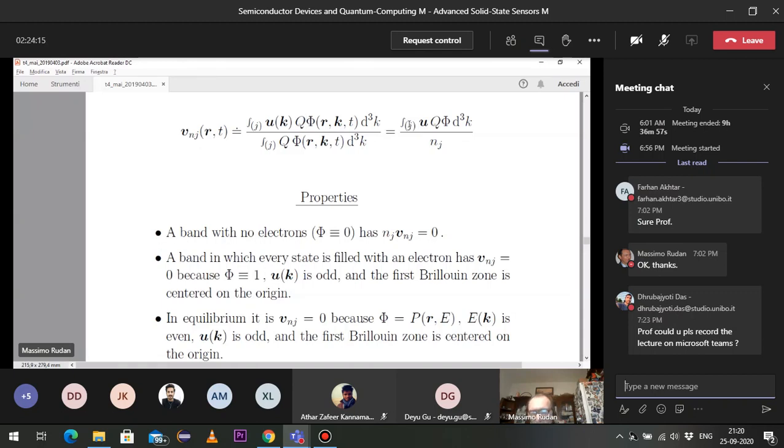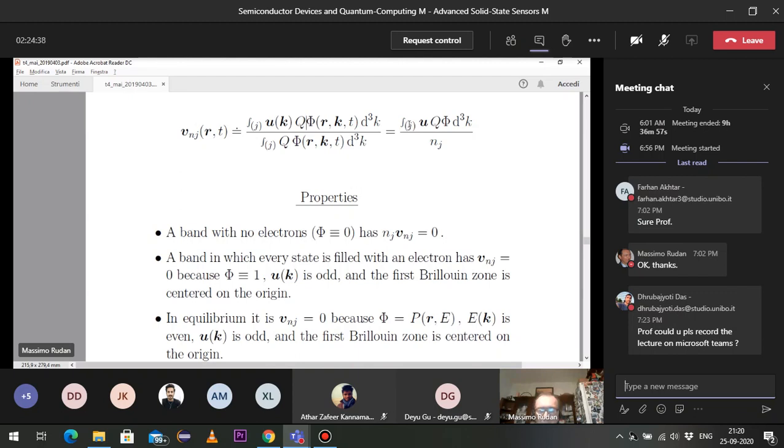Because for every positive contribution to the integral, there is a negative contribution equal in modulus. Okay? So if phi is equal to 1, so if every state is filled, then the average velocity is equal to 0.